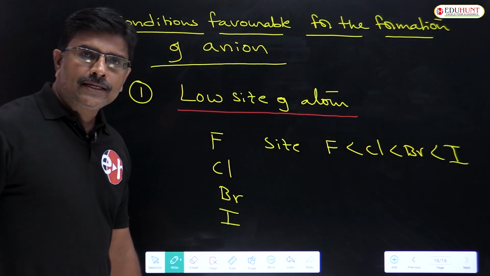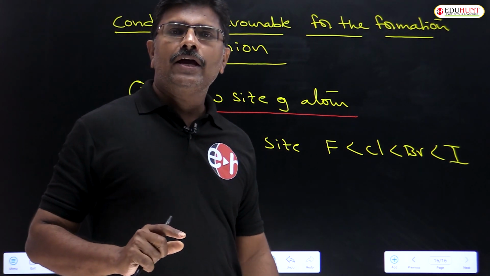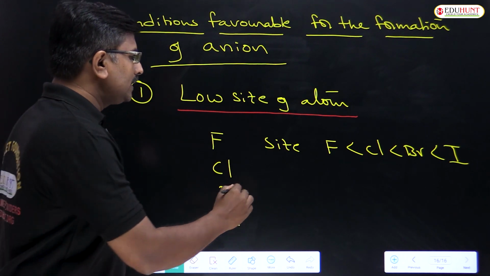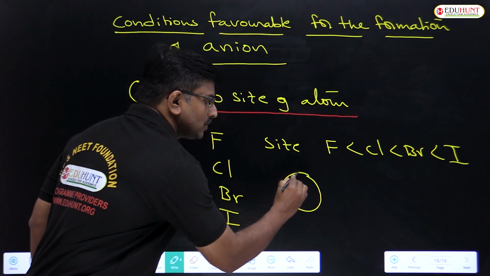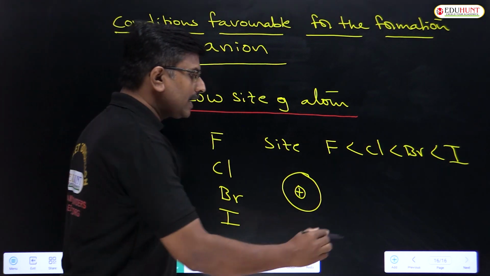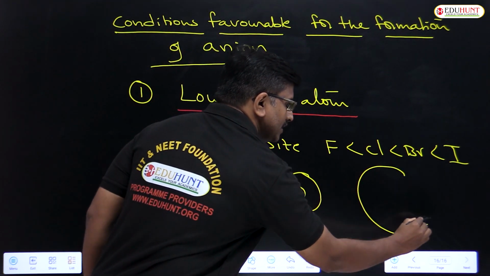Now the point is, for the formation of anion, the atom size should be low. If you consider this is the size of the atom, and this is the nucleus, and you consider one more atom which is having this much size.